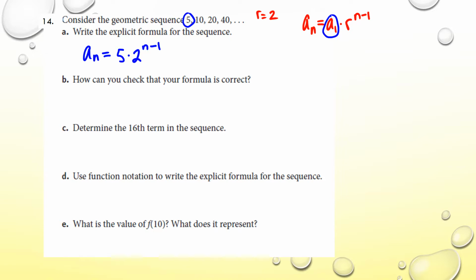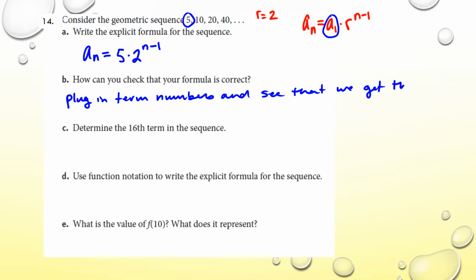So how could we check if our formula is correct? We could plug in term numbers and see that we get the correct value. So if we look at this, this is the first term, second term, third term, fourth term.